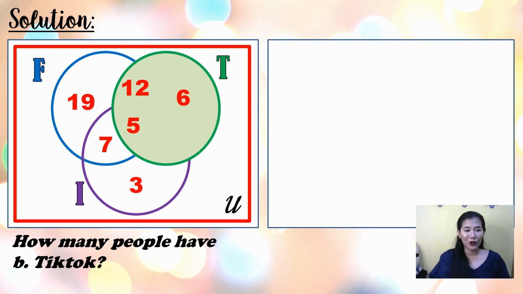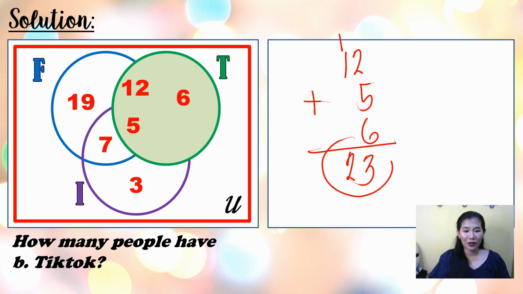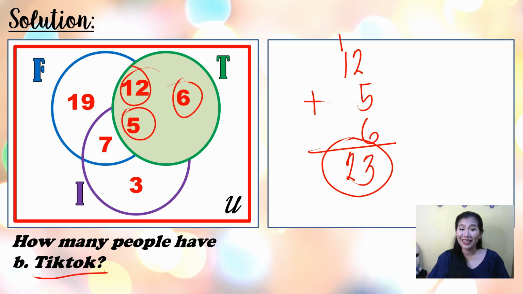We just add those. So 12 plus 5 plus 6, this is equal to what? 12 plus 5 is 17, plus 6 is 23. So your answer is 23. We just add them. That's all we do. We just find where the TikTok circle is.